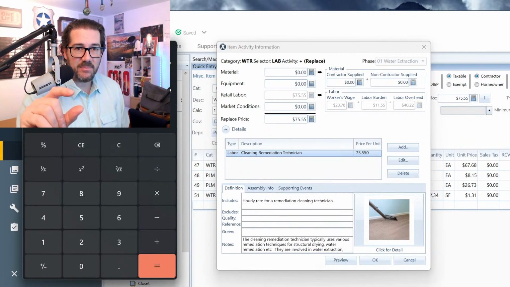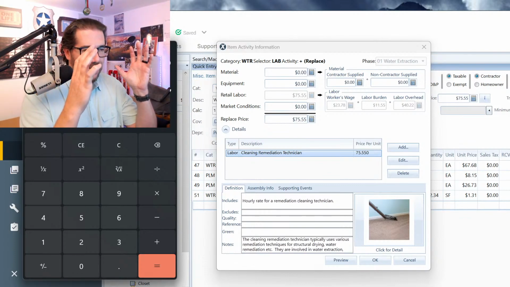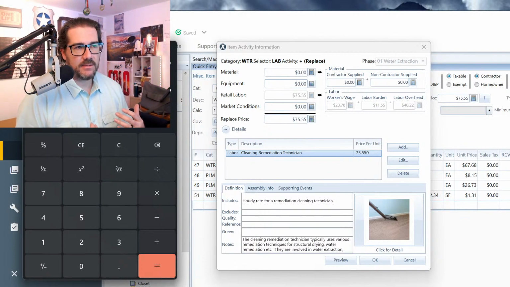Go to your equipment, pick a markup that's appropriate for you. When you go to labor, be very careful and intentional if you mark that up at all. I'm currently not marking up labor in the customized pricing that I'm using for my clients, right? So that's my stance.